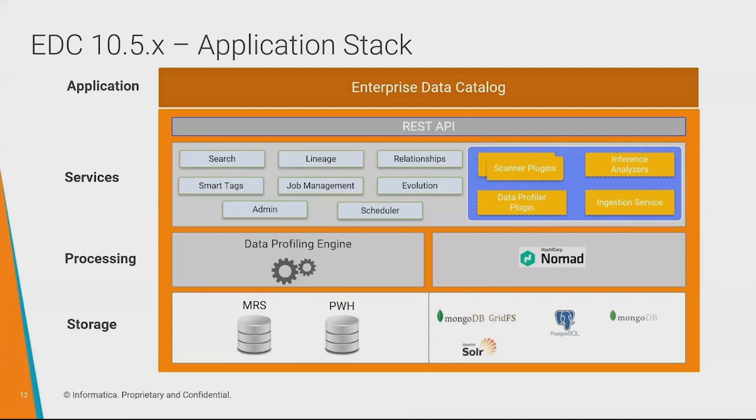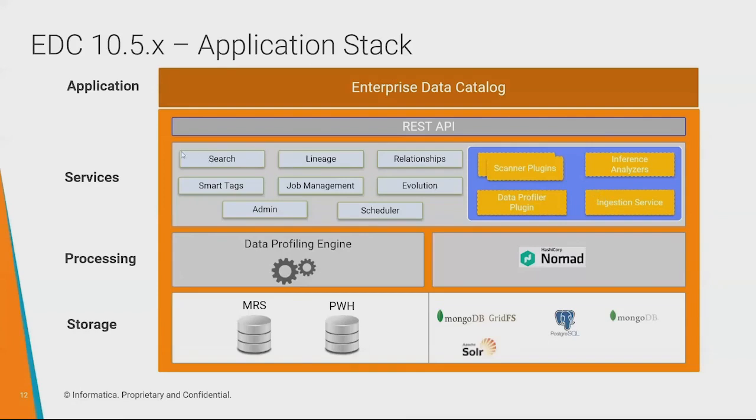So it's all used internally. And we also have plugins for the scanners to be run. And we also have inference analyzers, which derive new facts based on the existing facts, like similar columns and whatnot. We have the data profiler plugin and also a plugin for the ingestion service.